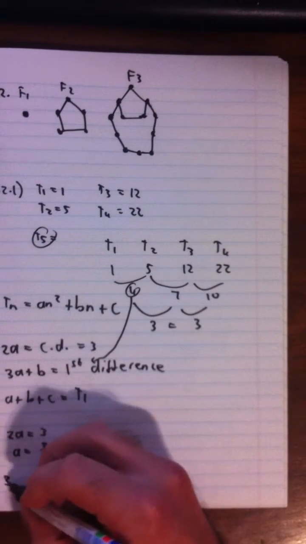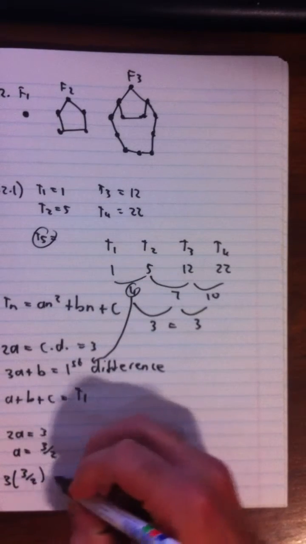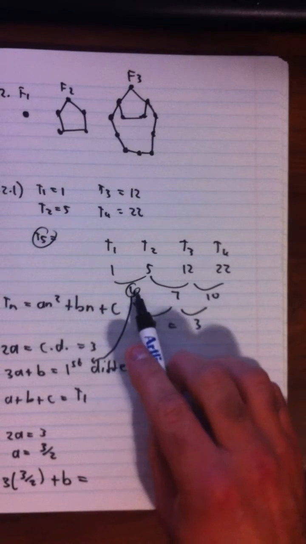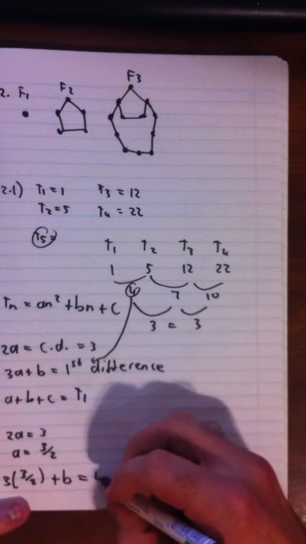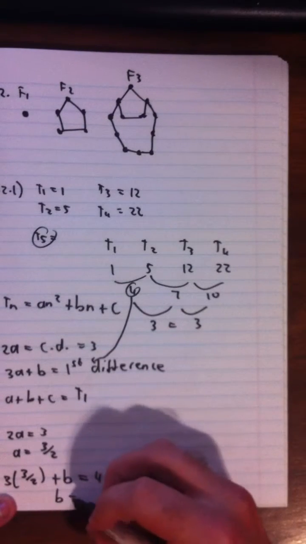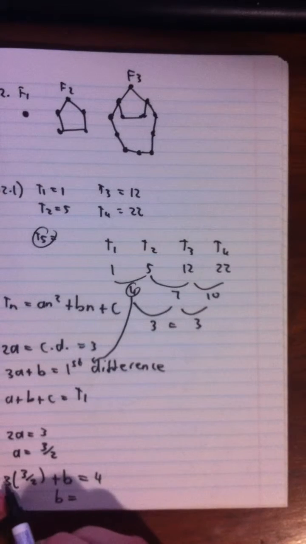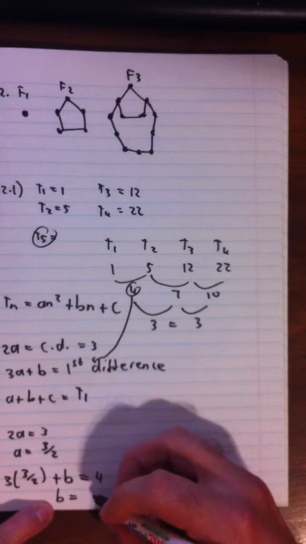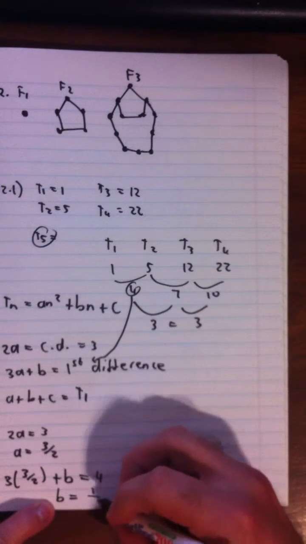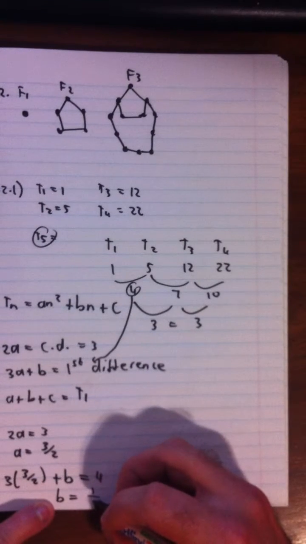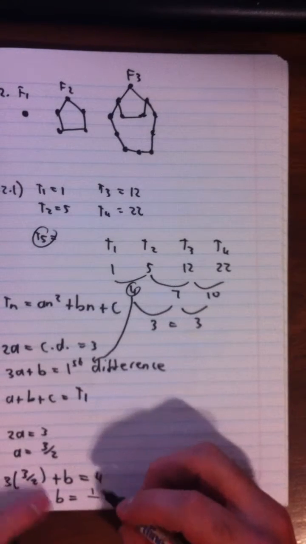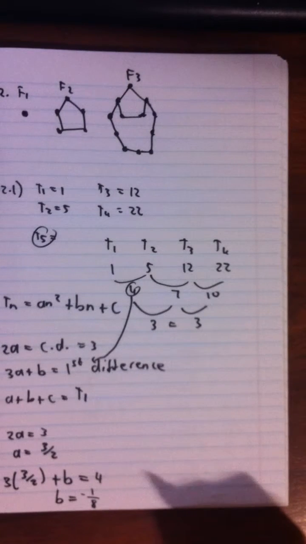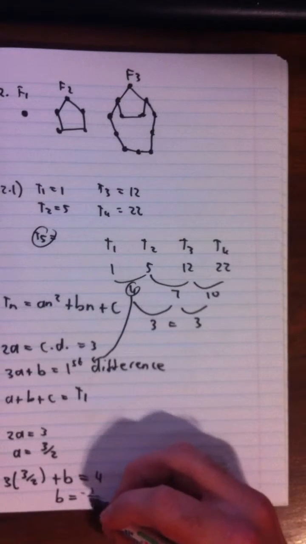Okay, we know that 3a plus b is equal to our first difference, which is 4. So that means b is equal to 4 minus 3 times 3 over 2, which is 9 over 2. So 4 minus 9 over 2 is negative 1 over 2, sorry.